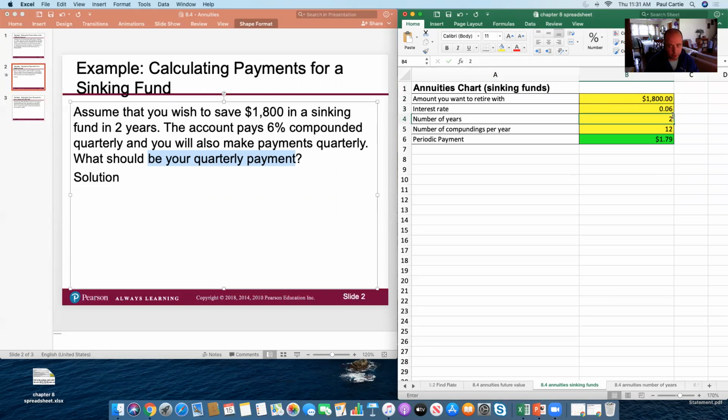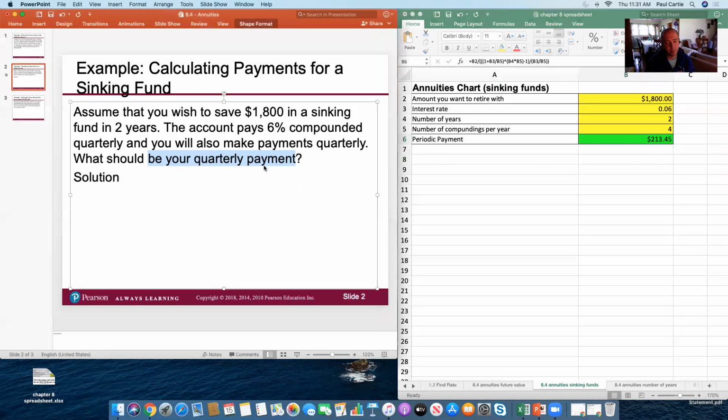It's not 30 years from now, it's only 2 years from now. And it's not 12 compounding periods per year, it's 4 compoundings per year. Hit enter on that, and I need to deposit $213.45 every quarter in order to establish that $1,800 sinking fund, in order to have that much money 2 years from now.